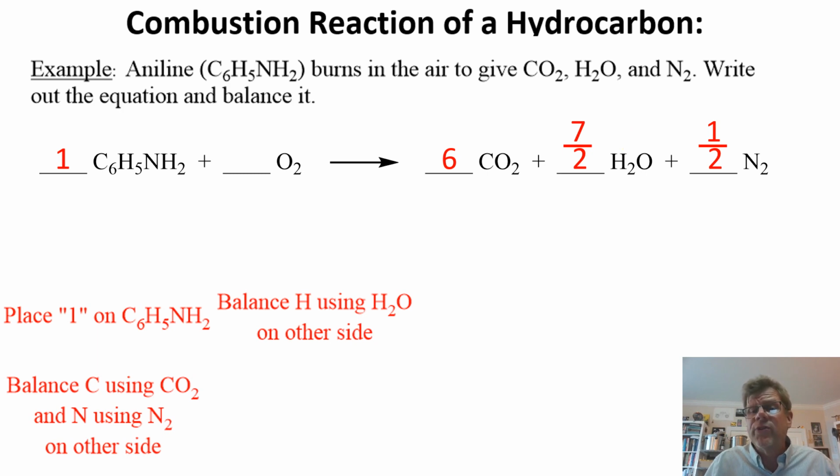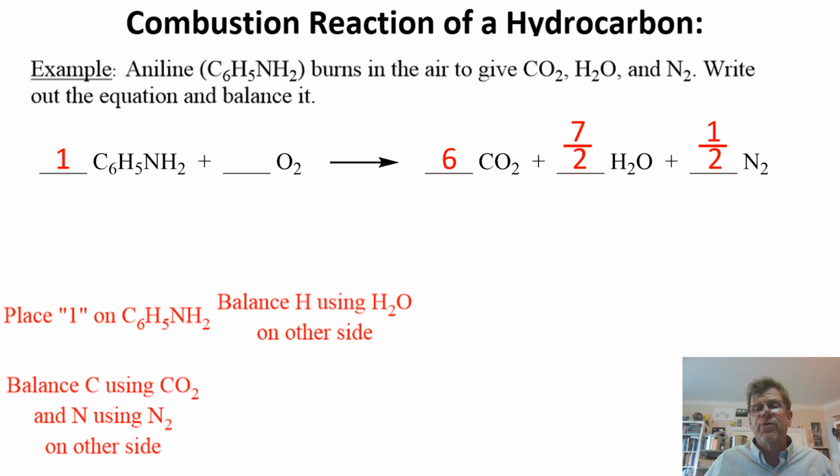We have alarm bells going off because H2O is not a diatomic. H2O is not a diatomic like N2, like O2. So we have a problem. Before we can move forward, we have to clear that fraction. We must clear it. That 7 halves does not fit with a non-diatomic. So how are we going to do that?